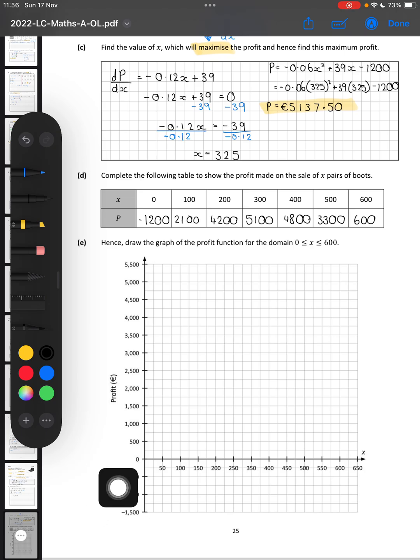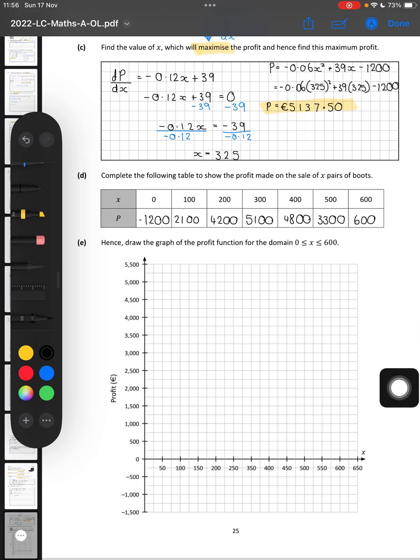So I have to plot for an x value of 0, I have to plot minus 1,200. So get your pencil, because it's a graph, and go to minus 1,200. So just less than halfway between minus 1,000 and minus 1,500. Then for 100, I'm at 2,100.